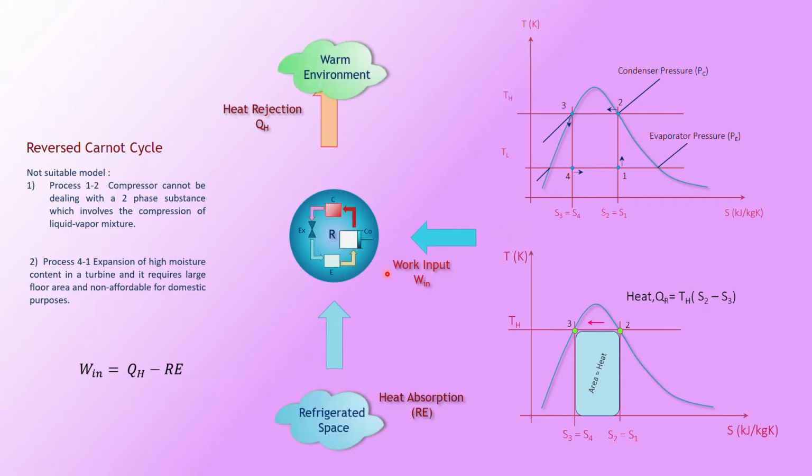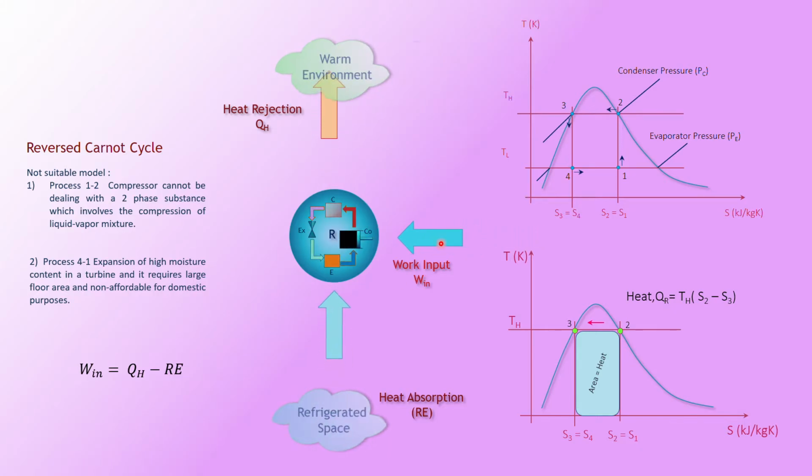So this energy here plus this energy here must equal this energy here. In plus in equals out. Okay, the energy balance. So you have your work in plus your heat absorption, or RE. Sometimes this heat absorption we call RE, meaning the refrigerating effect, that is the cooling effect.